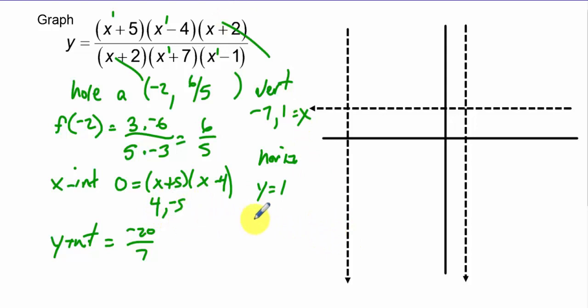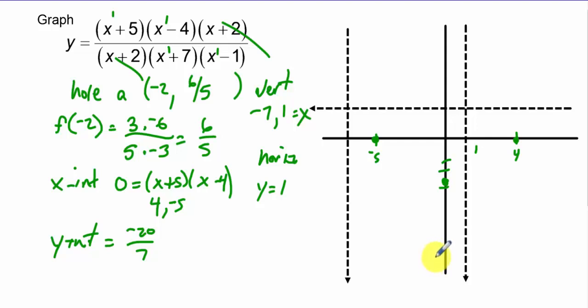I've got an x-intercept at 4, well, at 4, and a -5. Dot there, dot there. Y-intercept at -20 over 7, so that's about -3. Almost. And then what else do I know? I think that's about it.